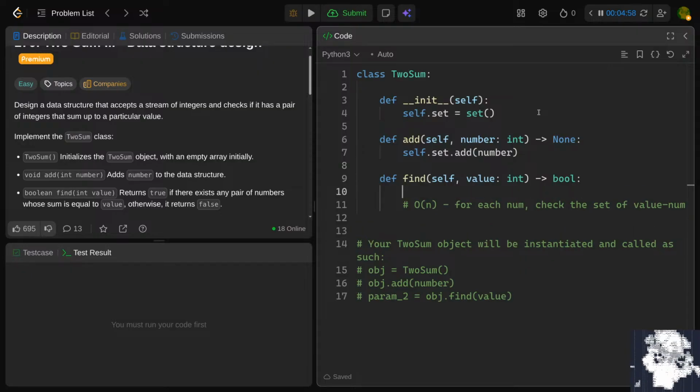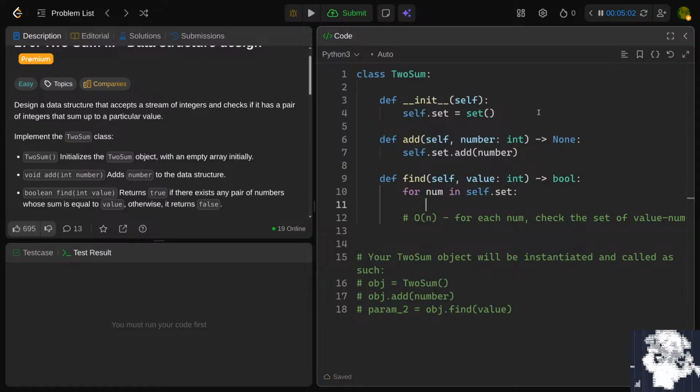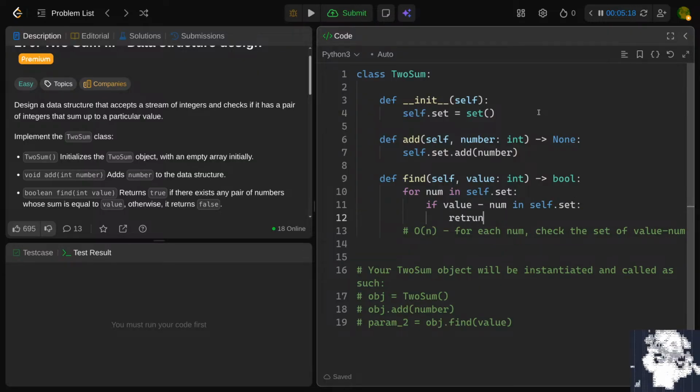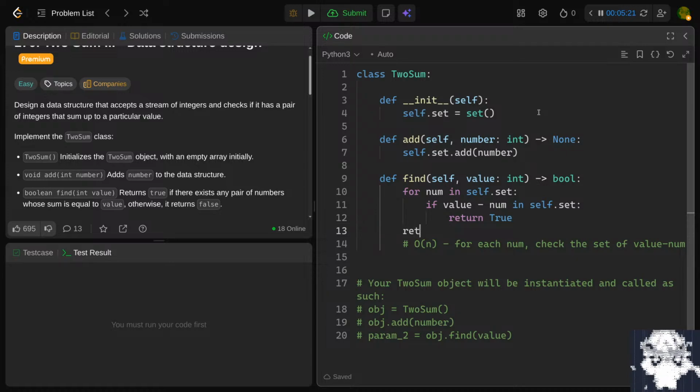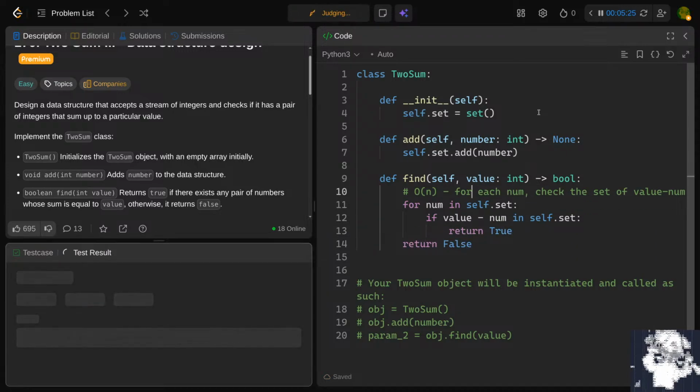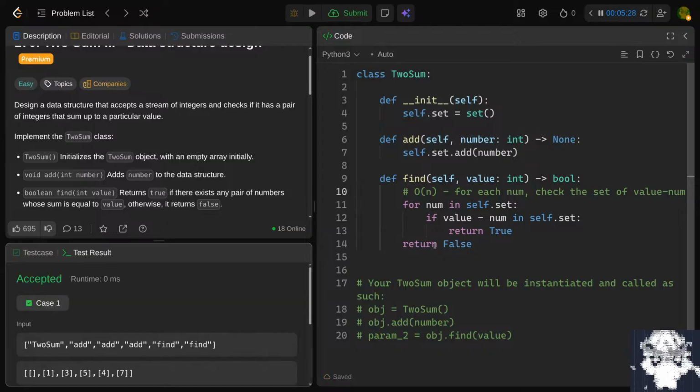And then for find, you do for num in self.set, if value minus num is in self.set, return true, otherwise return false. Submit that.